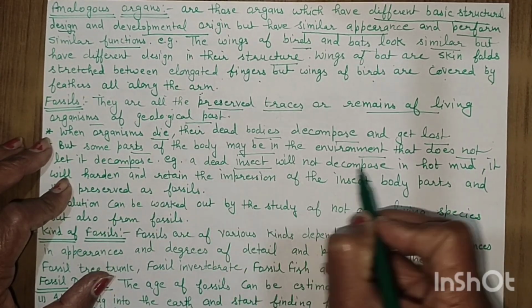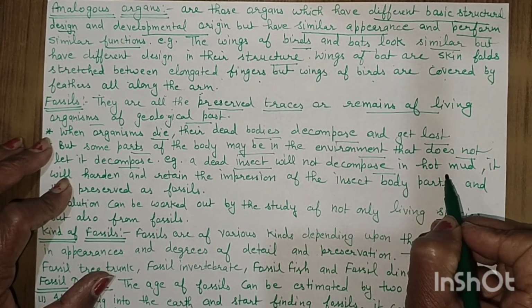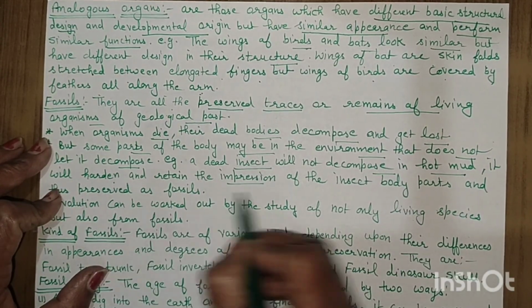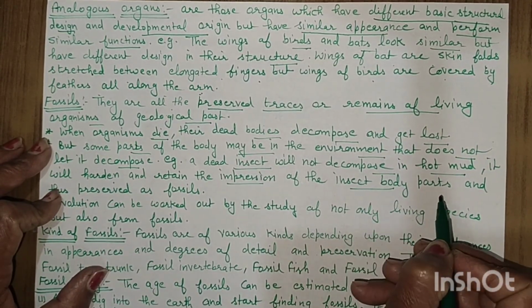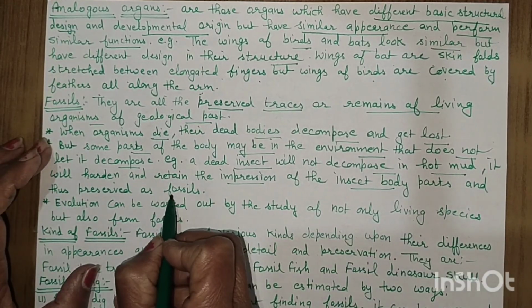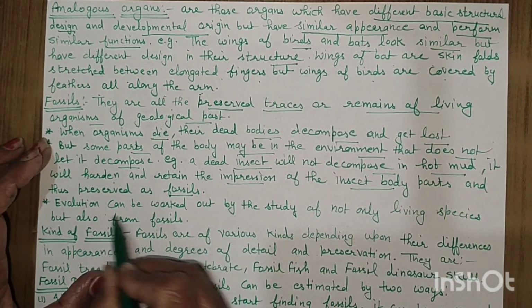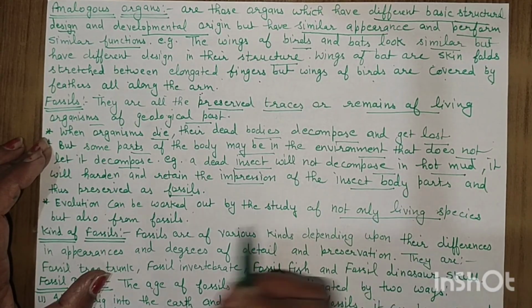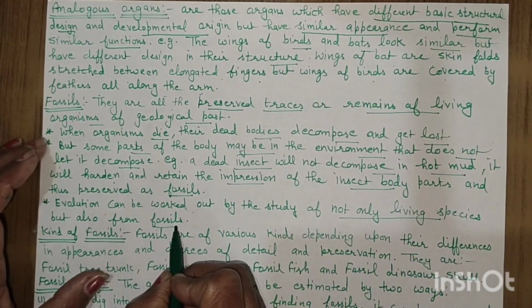For example, a dead insect will not decompose in hot mud. It will harden and retain the impression of the insect's body parts and thus be preserved as a fossil. Evolution can be worked out by the study of not only living species but also fossils.